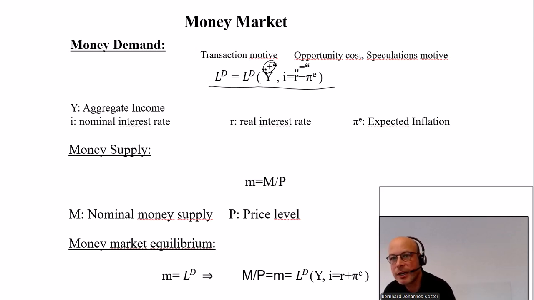Positive dependence in general, not between 0 and 1, just positive, on income, and negative dependence on interest rate. Money supply, especially real money supply, because in this part of our theory, we are in the Keynesian view, and there we say we have sticky prices, no price adjustment. So prices are fixed.